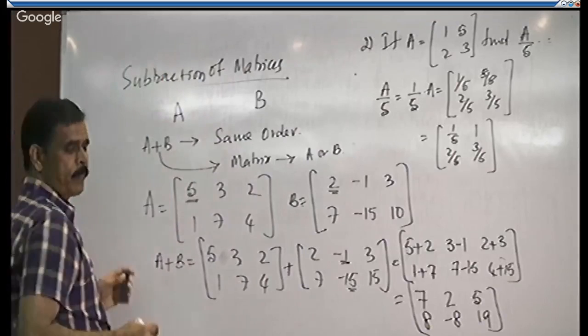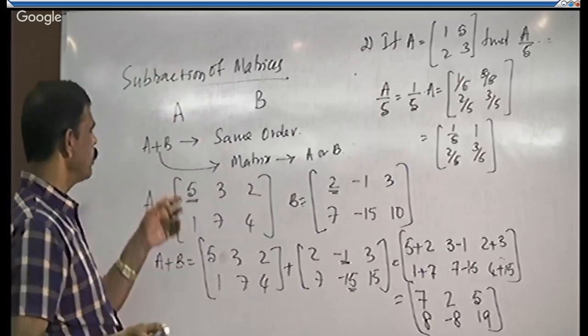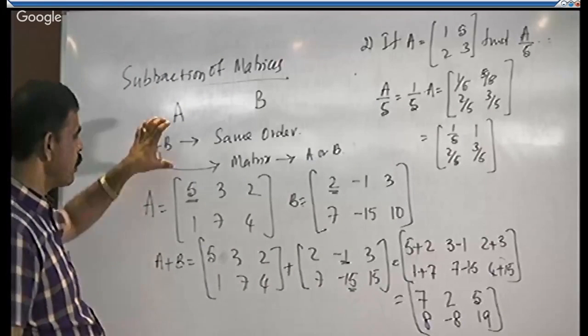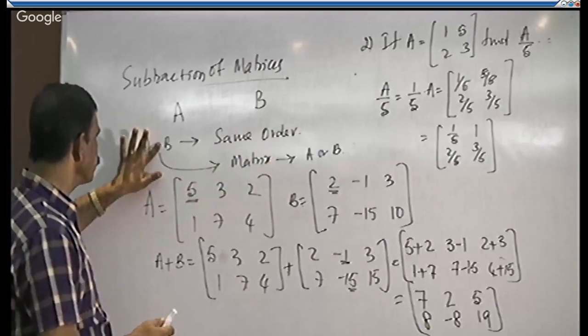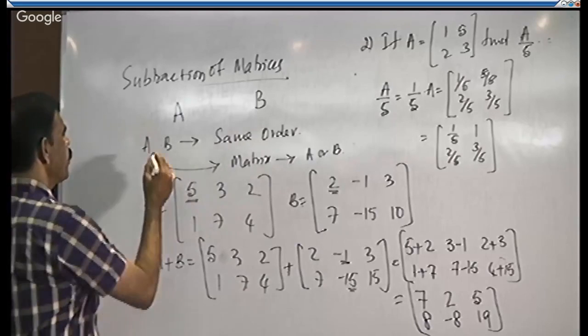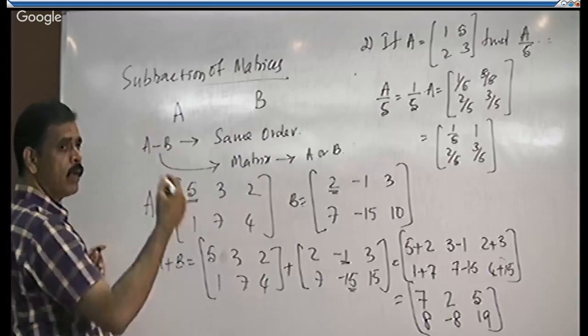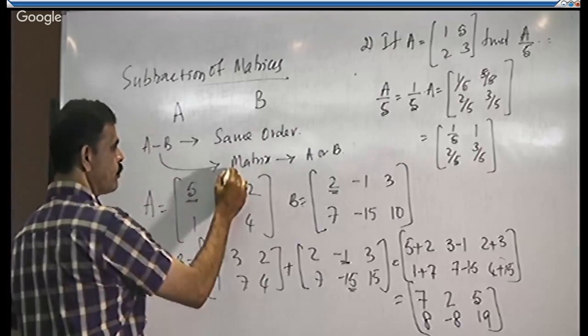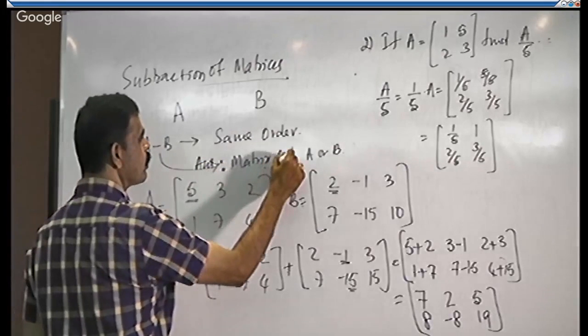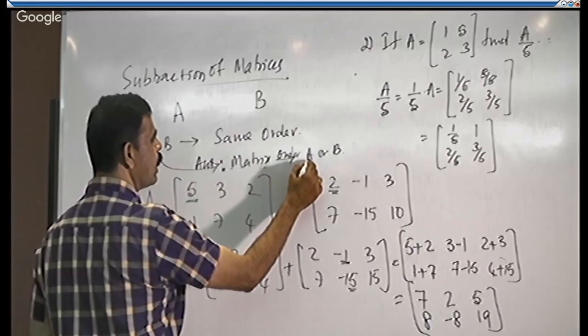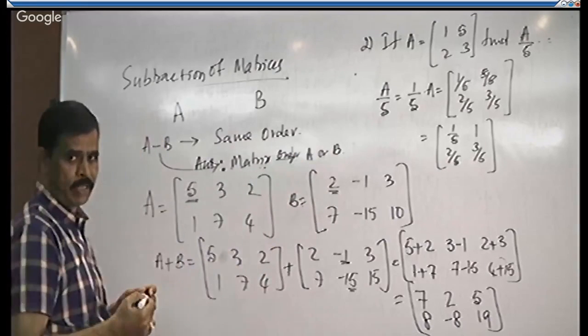Subtraction: their order should be the same. After subtracting, you will get another matrix. The answer is another matrix whose order is equal to the order of A or the order of B.